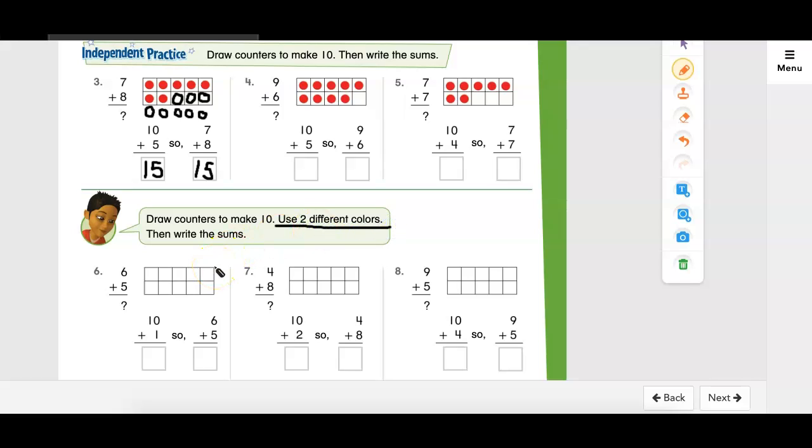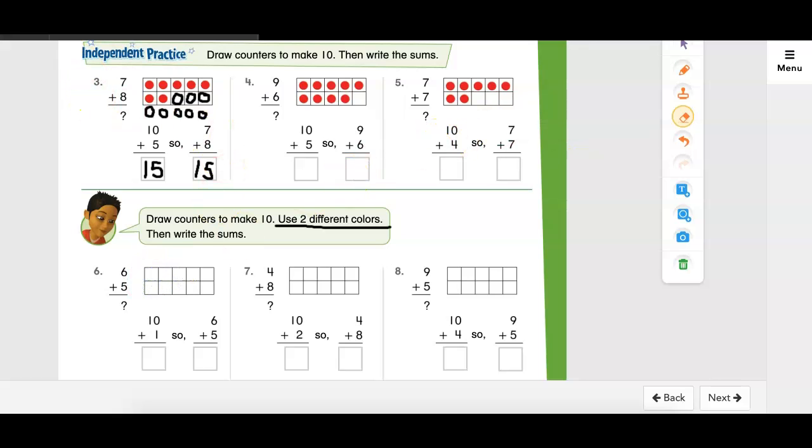If you do not have 2 different colors, for example, if Mrs. Collier was using her pencil, I could draw my counters with my pencil. I could make some counters look like this, so fill in a circle, and then some counters I could just draw a circle and not fill it in. So if you don't have different colors to use, you can also just do that with your pencil.